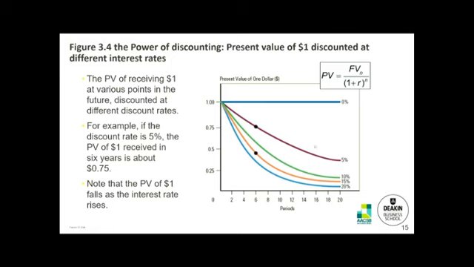As you can see, the interest rate increases from 5% to 20%. The present value, what happened? Decreases, right? If your discount rate is 20%, your $1 in 20 years' time is only worth about 5 cents now. That's how it works. And that's the general relationship.